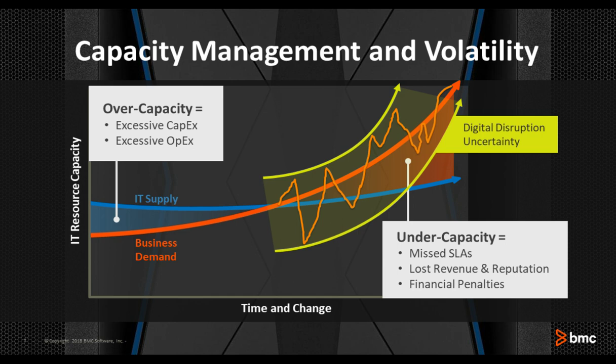But with the digital disruption, and you look at the data that we've just looked at from our survey, the demand curve has become much more volatile. And this creates a band of uncertainty, and capacity management has to be able to accommodate that.